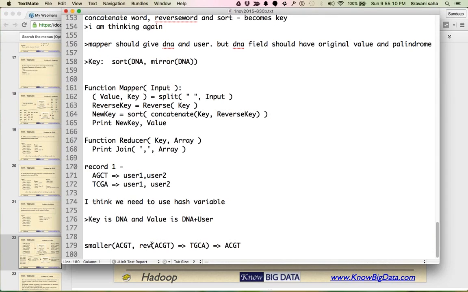Now let's take the second one, same logic. The reverse of this one is ACGT, and out of ACGT and TGCA, which one is smaller? ACGT.